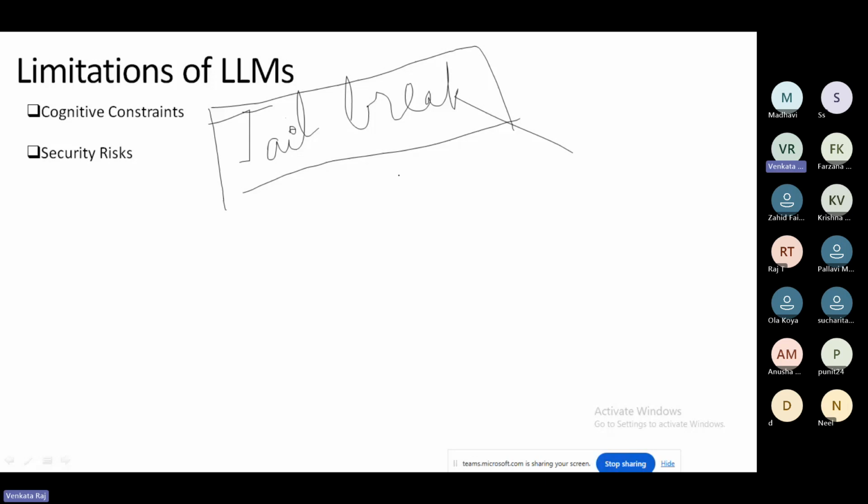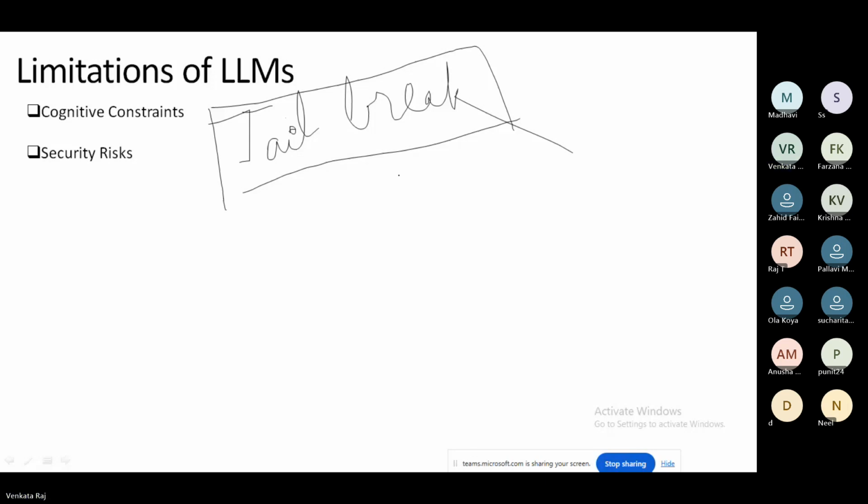Some people will try to introduce malware into the AI models, into the LLMs. So these LLMs also face this security risk, that they could get impacted by cyber threats. Are you getting me, all of you?